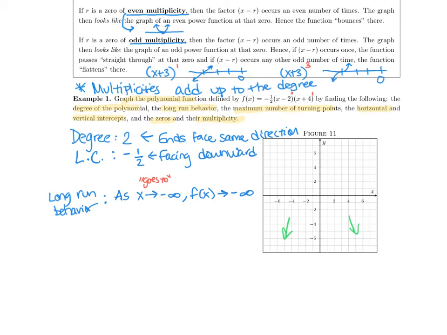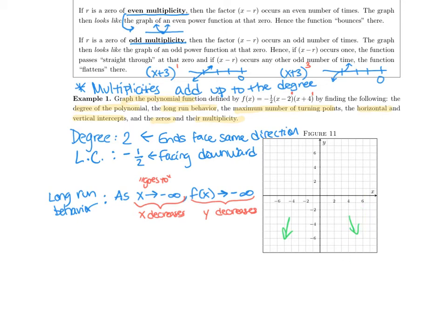And then what does this really mean? Well, this means as x decreases, or essentially the left side of the graph, then my f of x, or my y value, decreases. And what that essentially says is that, hey, my left side of the arrow, it's going down. Okay, but what about the right arrow?